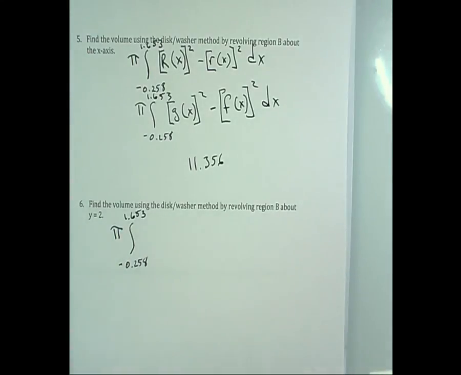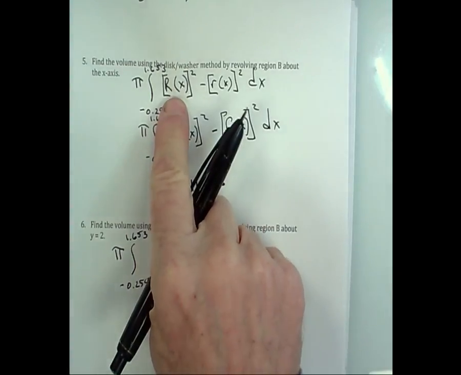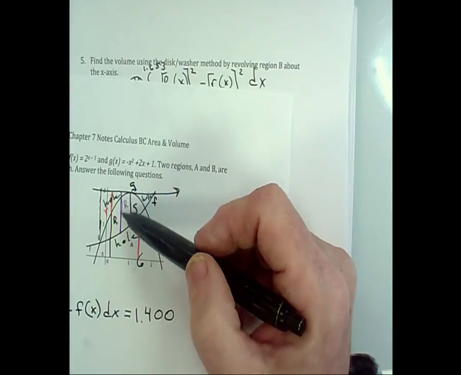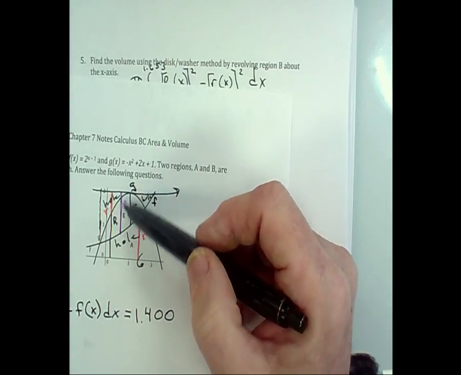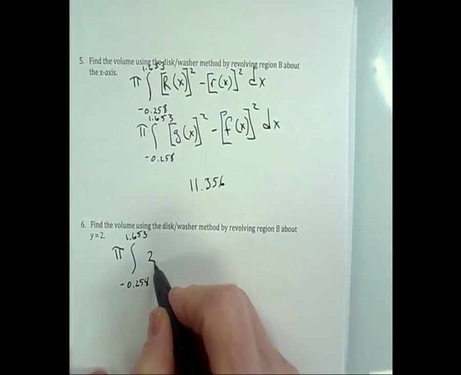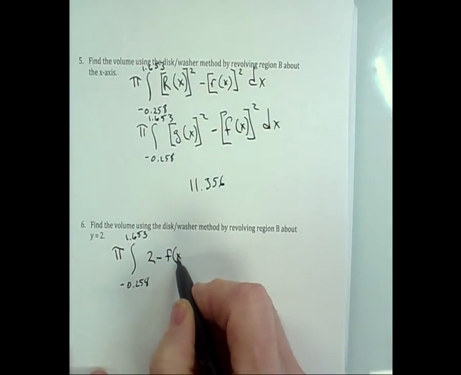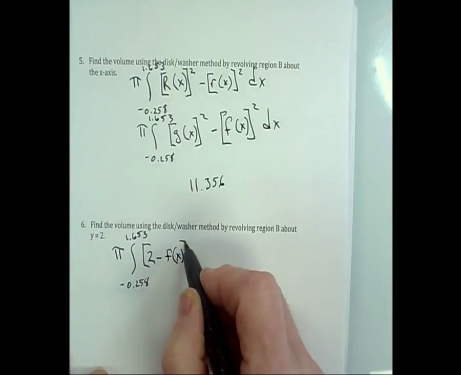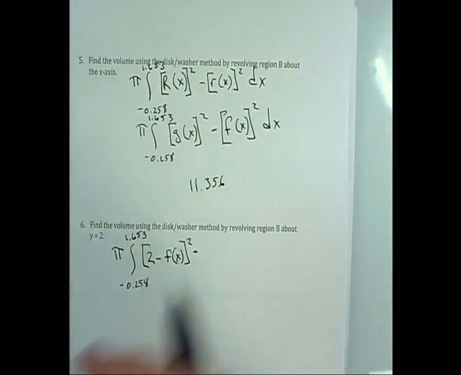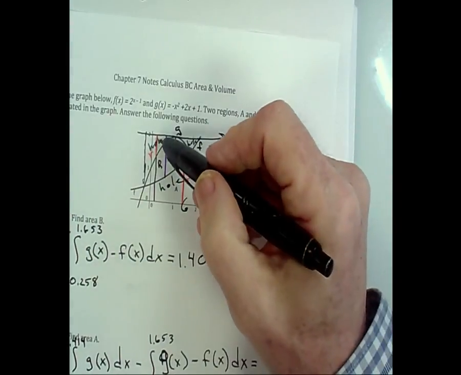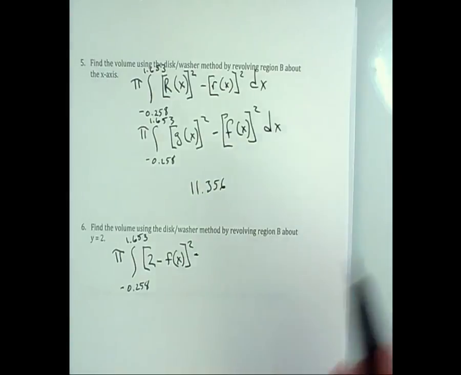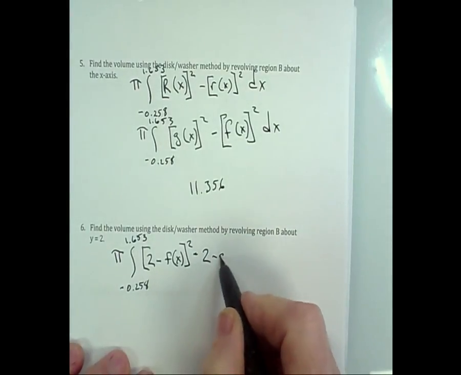It's going to be this r of x, correct? What's our r of x? It's this purple distance, top minus bottom: 2 minus f of x, squared, minus this little r right here, 2 minus g of x.